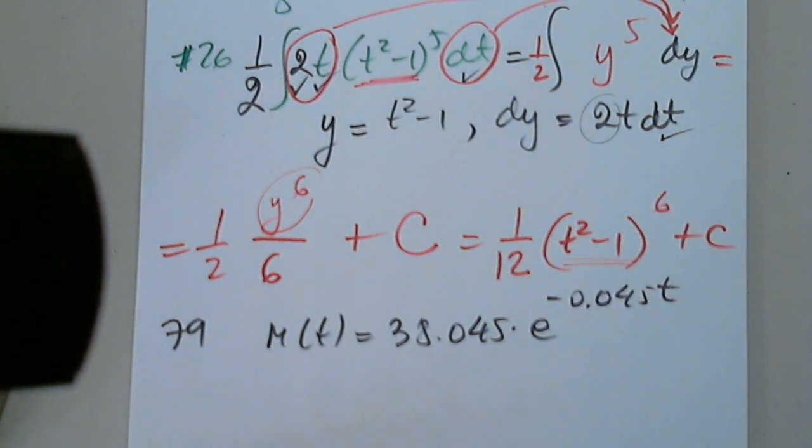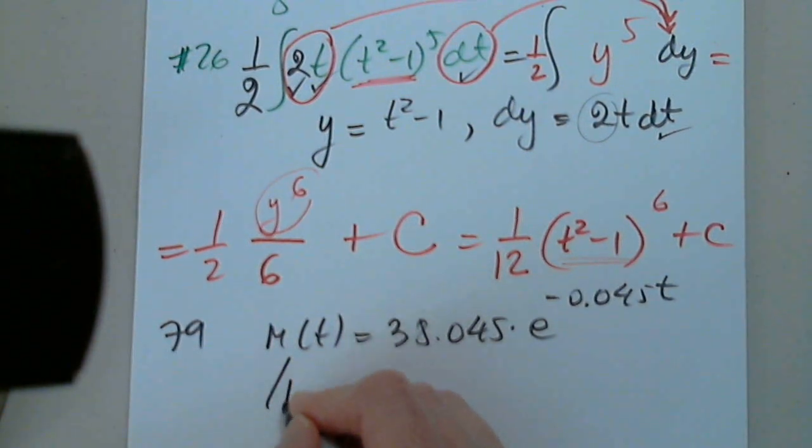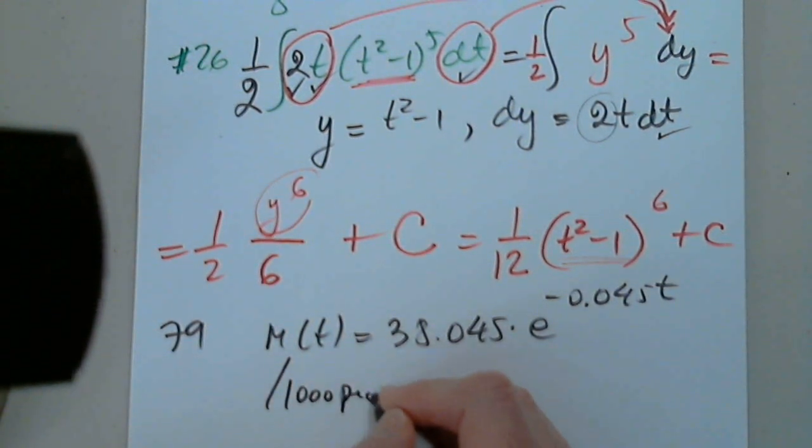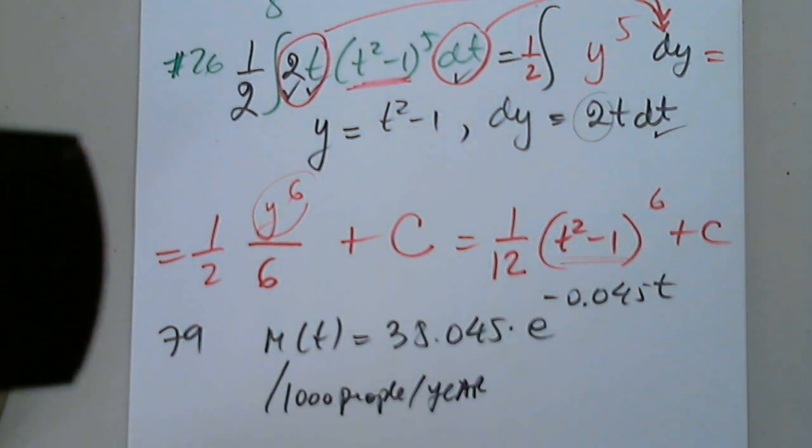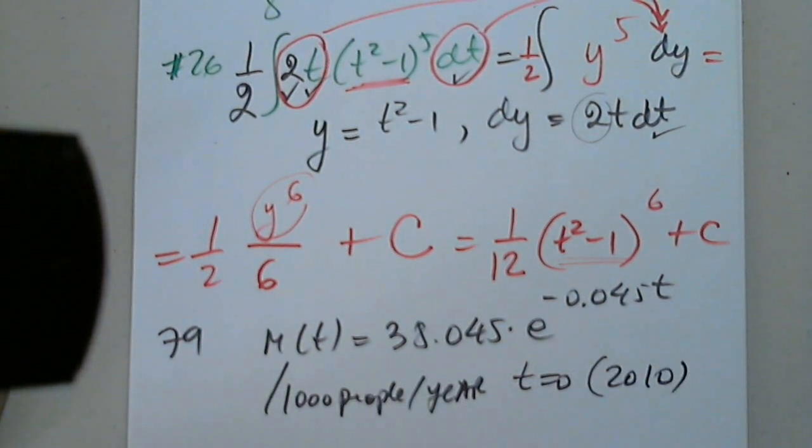M of t is the number of marriages per 1,000 people per year, t years after 2010. So t equals 0 represents 2010. Find the total number of marriages per 1,000 people in Nevada from 2010 to 2015.